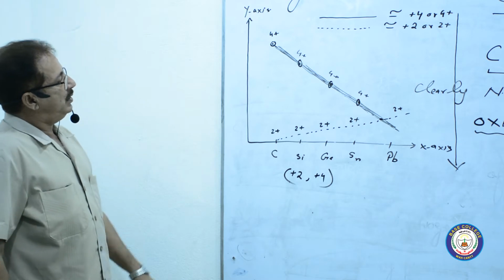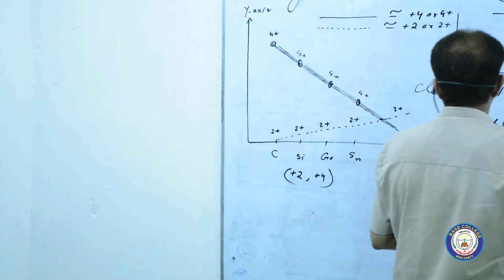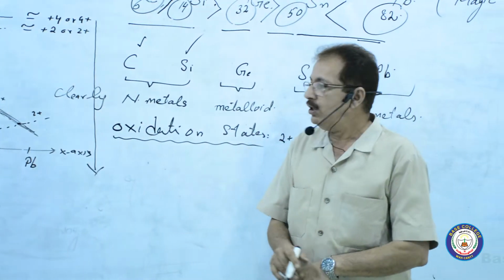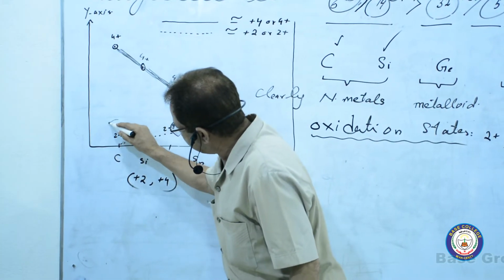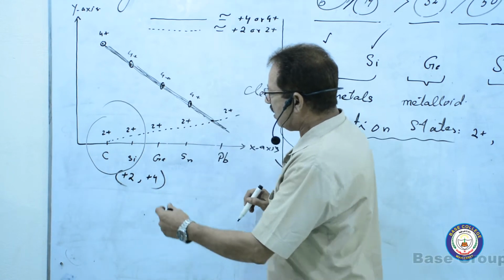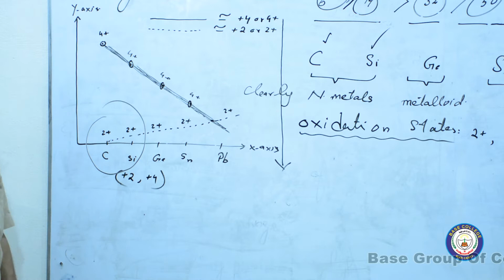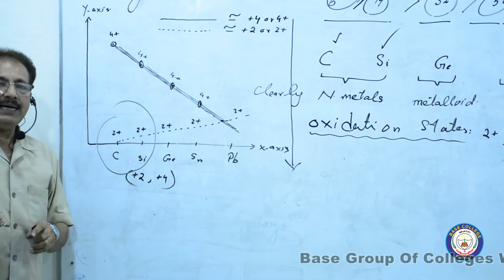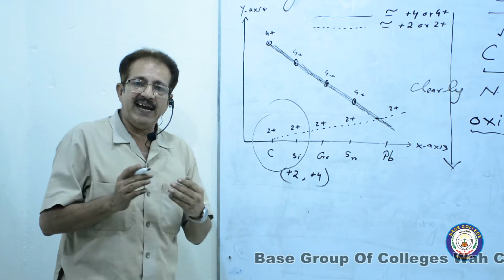Now, when we move from carbon to silicon, these carbon and silicon are a little bit above this line, a little bit above this x-axis. So can I say that the carbon and silicon with 2 positive oxidation state is very rare?